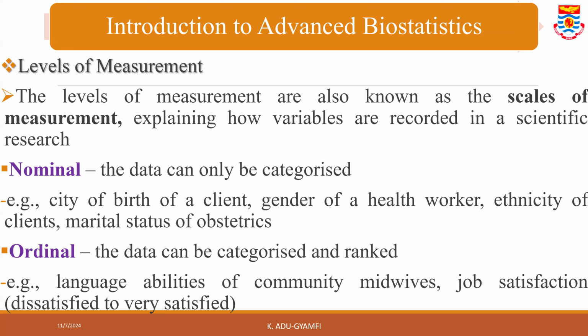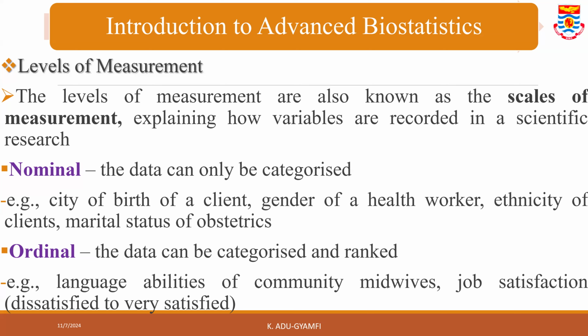Job satisfaction. It implies some are dissatisfied with their job, others are satisfied. So we can have 2 categories, those who are dissatisfied and those who are satisfied, but it implies rank. So it's an ordinal, and the ordinal is nominal plus rank.